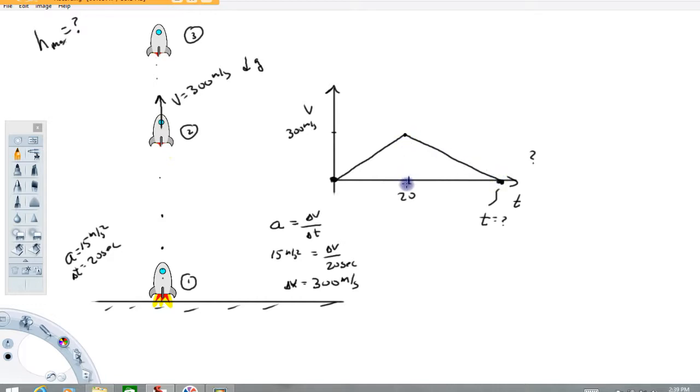I'm dropping 300 over some amount that I don't know, which I'll call delta t, a change in time. So negative 300 meters per second over delta t is equal to negative 9.8 meters per second squared. Calculating a value, I get about 30.6 seconds.